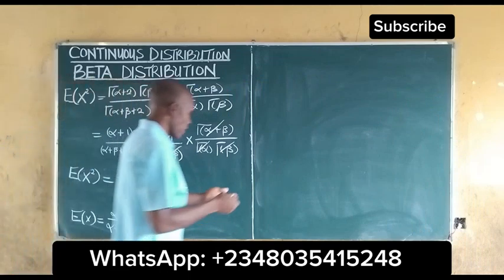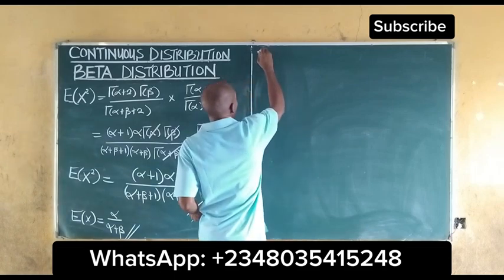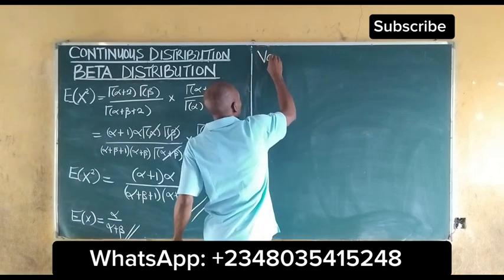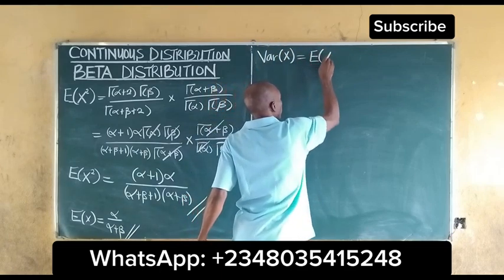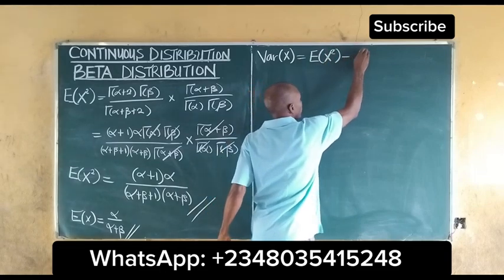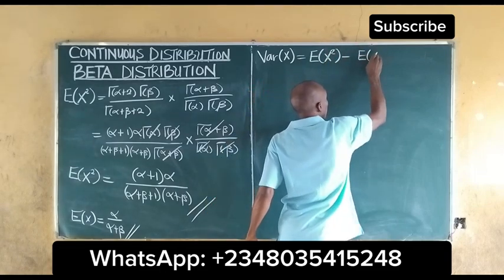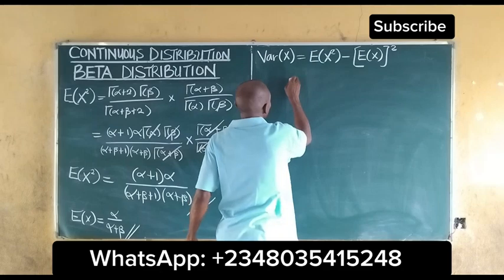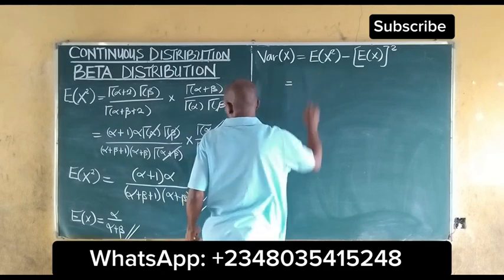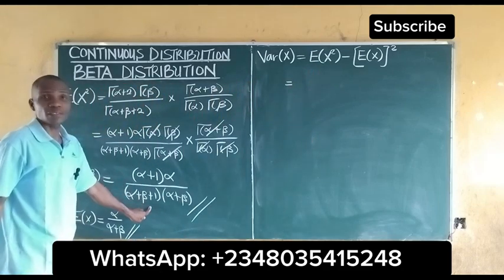To calculate our variance, we should note that the variance of x is equal to the expected value of x squared minus the expected value of x, all squared. The next thing to do is to substitute our values for the expected value of x squared, which is this.